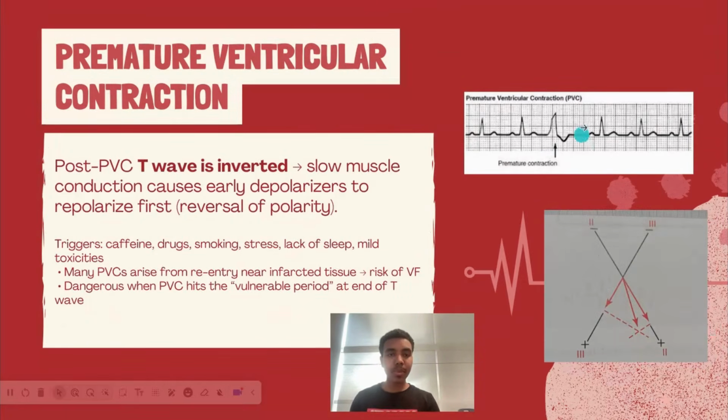Now you may ask me, why is the T wave inverted? Why is the T wave going down here? If you remember, I said that one of the ventricles contracts before the other. If you take a look at my nice vectors here, you can see that the contraction of the second arrow is happening before the vector number 3.